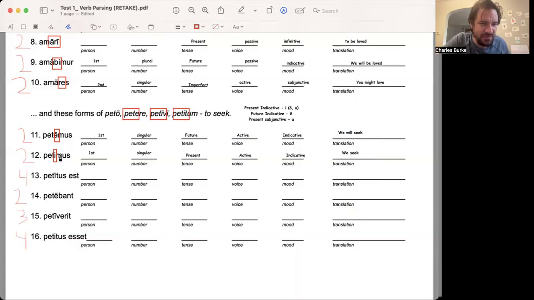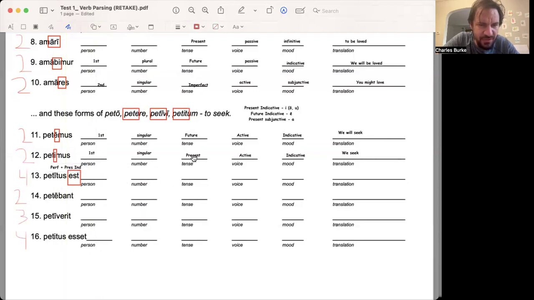Petitus est. What I'm looking at here, the tense marker is that est. So what I have is a perfect passive participle plus a present indicative est.